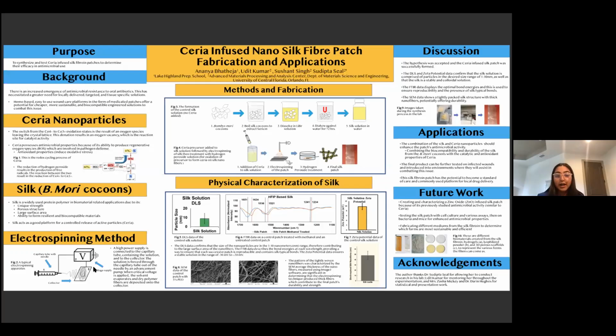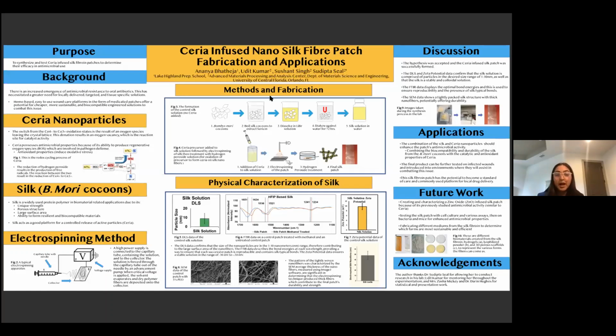Then a high voltage supply is applied to that solution, and that causes the solution, through a Taylor cone configuration, to spit out as nanofibers on the collector. This is an easy diagram in which you can see how it actually works.